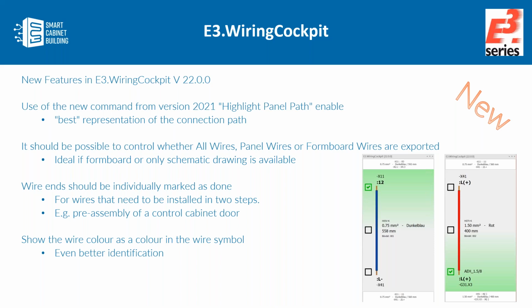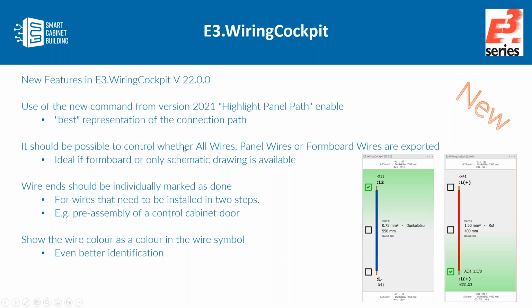If it is 3D, the projection tries to be ideal to see it. So this highlight panel path is a very powerful feature, especially if you have complex routing paths. And this is now fully supported here in the wiring cockpit.